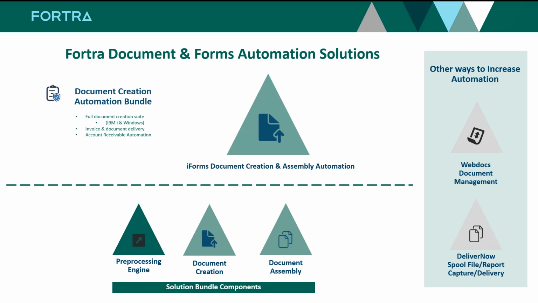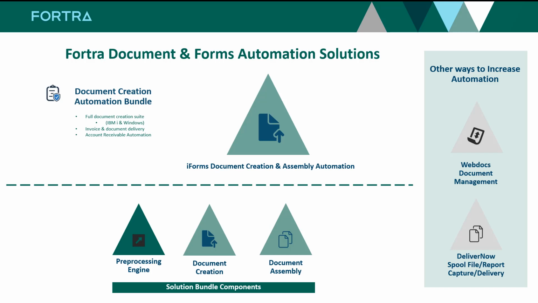iForms obviously has the document creation portion of it where you can create documents with it, but it also has an assembly function. The assembly function gives it the capability to assemble other kinds of documents along with it. Examples being invoice creation, where we need to attach a picture of the product that's being sold.